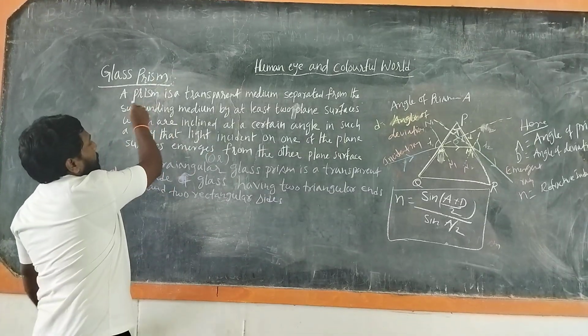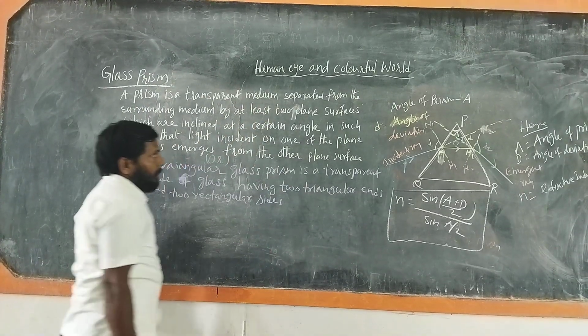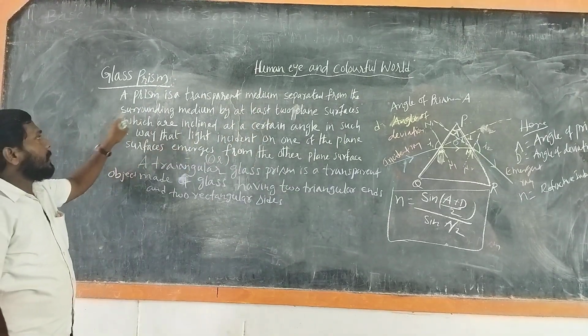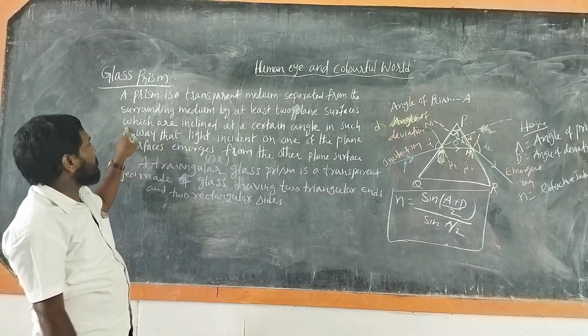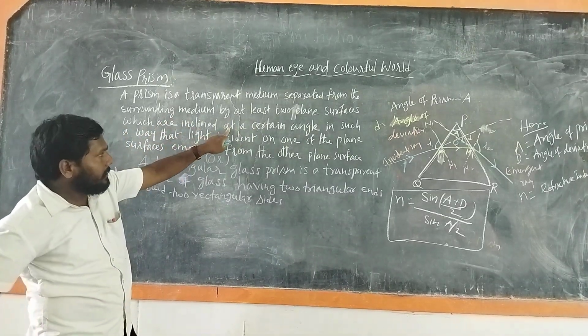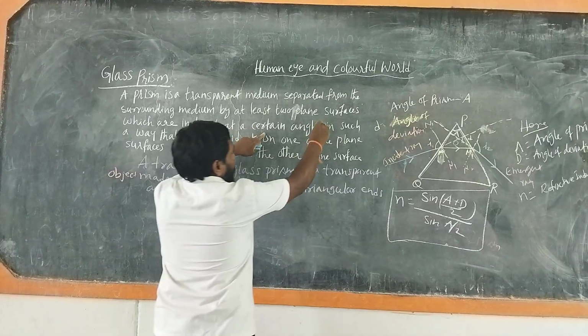Or a prism is a transparent medium separated from the surrounding medium by at least two plane surfaces which are inclined at a certain angle.